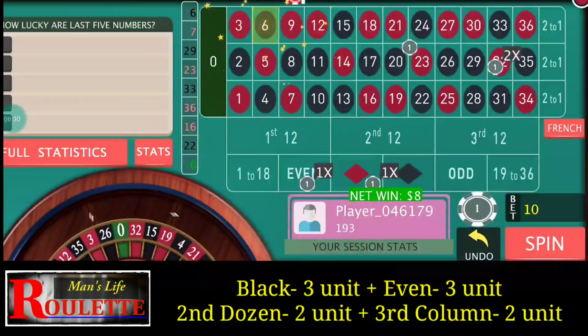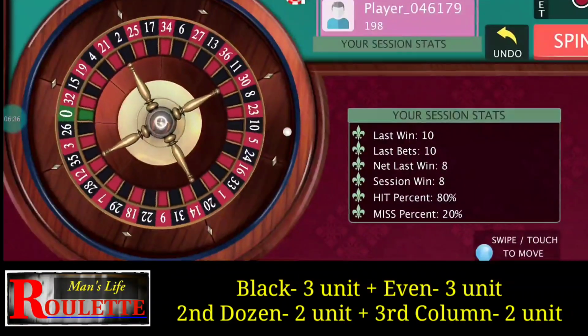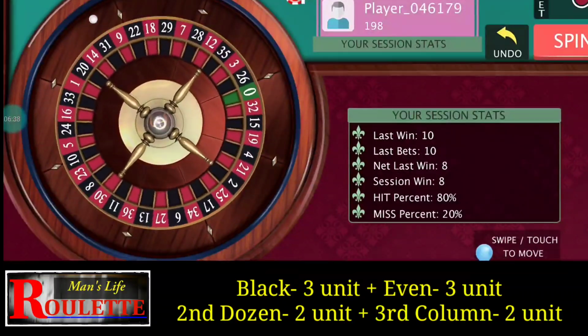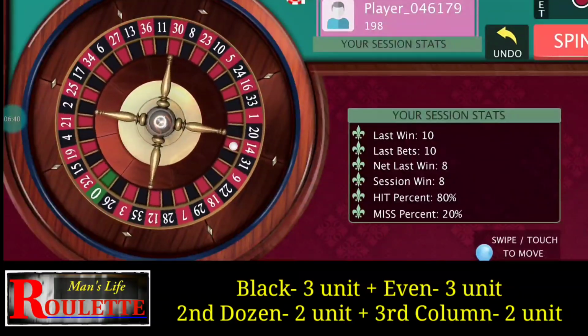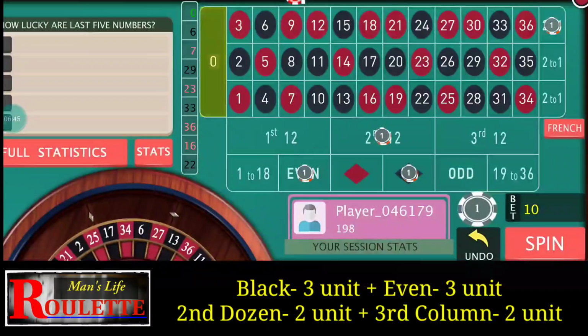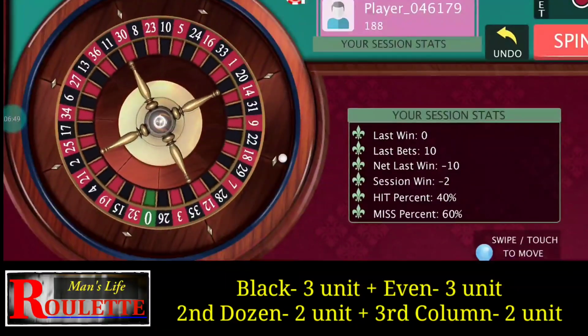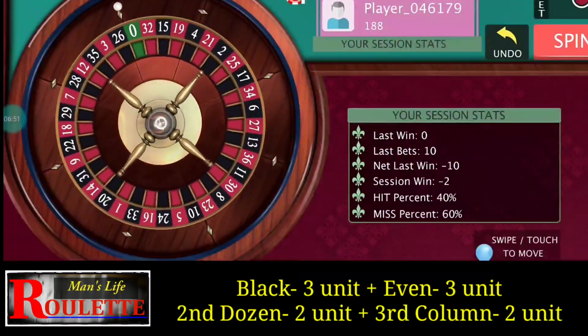We continue the game until we make a profit of $30, or reach a bankroll of $230, or we can increase the bets to another set of units when our bankroll reduces to $150.